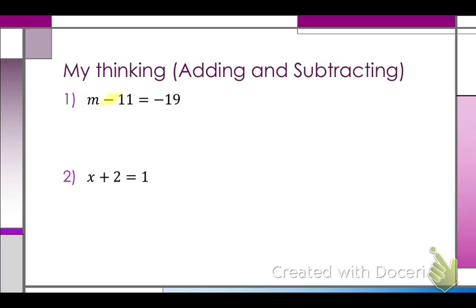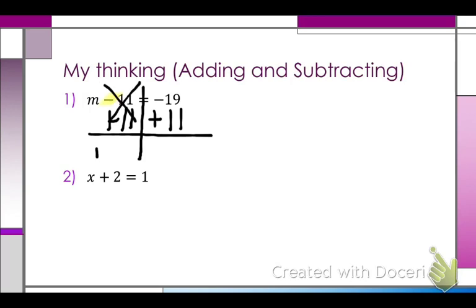Addition. So to solve this, sometimes people put a line down the middle so they know which side is which. You would add 11 on both sides, since that's my inverse operation. So that means my 11s are canceled out. I'm just left with m is equal to negative 19 plus 11, which is going to leave me with negative 8.